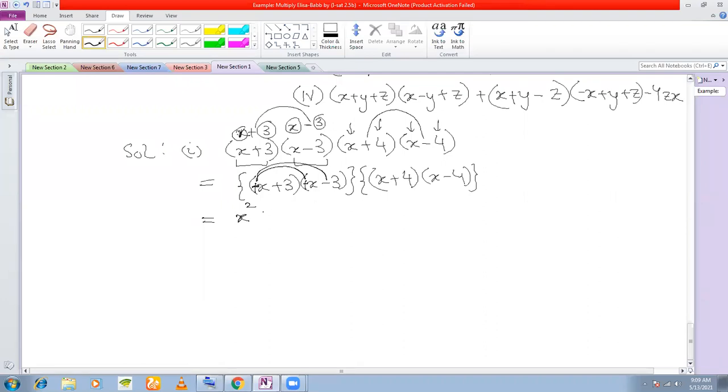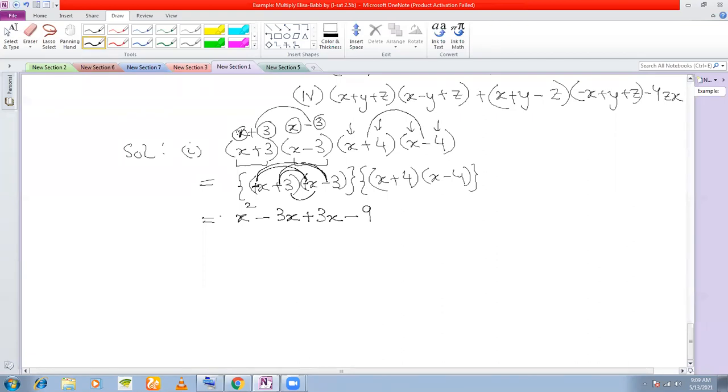Plus and minus combine to give a minus, x into 3 gives 3x. Again, plus and plus give a plus, 3 into x gives 3x. Again, plus and minus give a minus, 3 into 3 is 9.